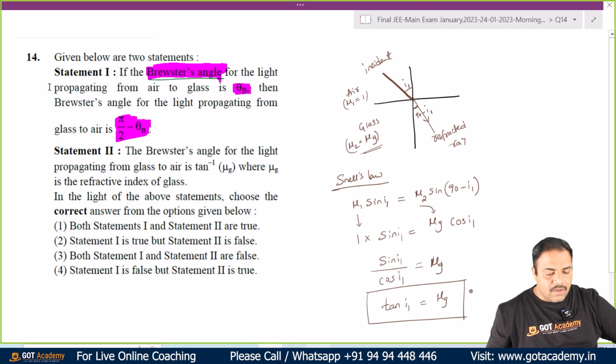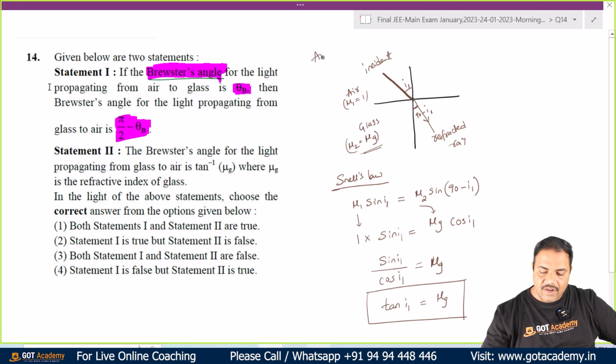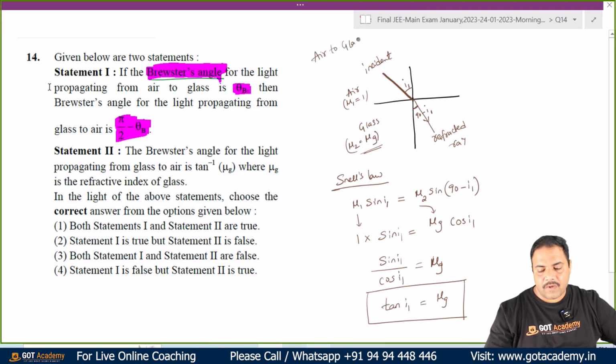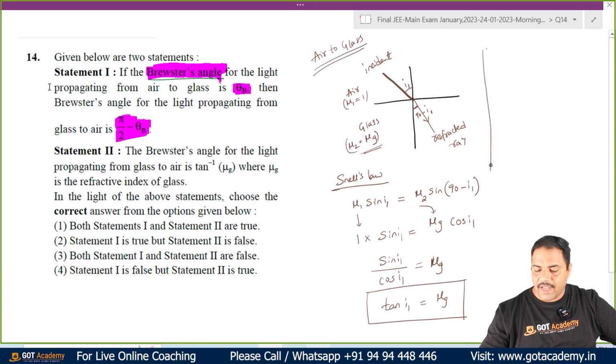This is when we are moving from air to glass medium. Now let us take glass to air.